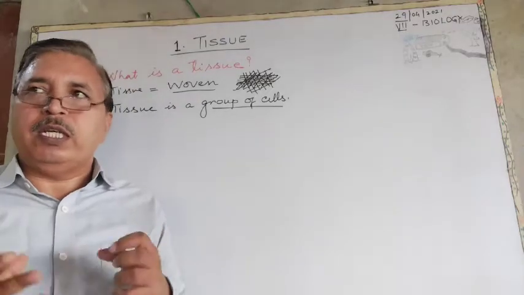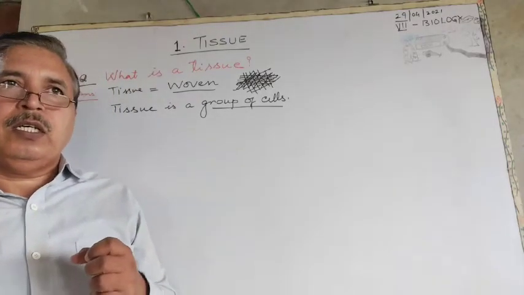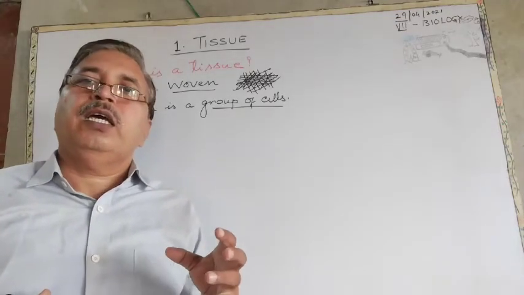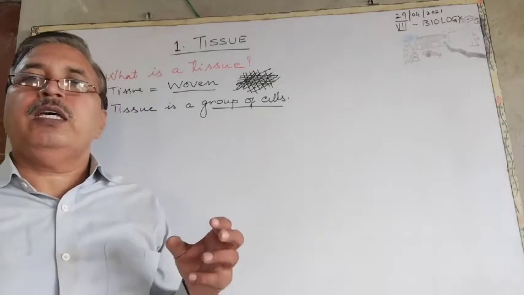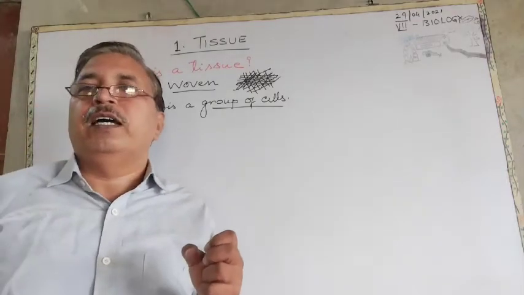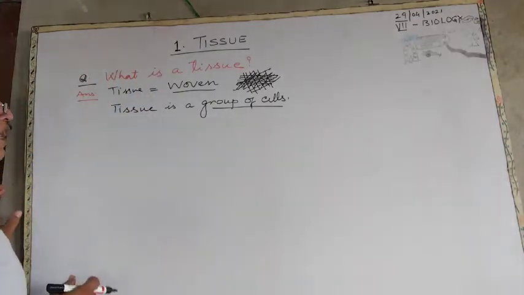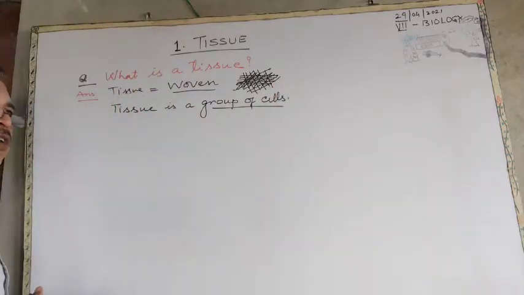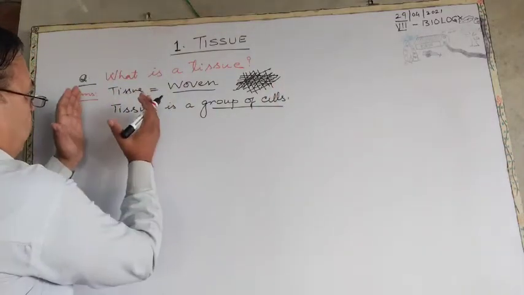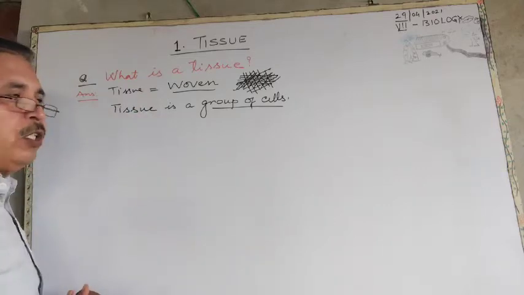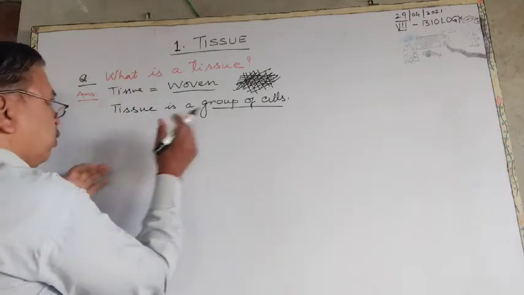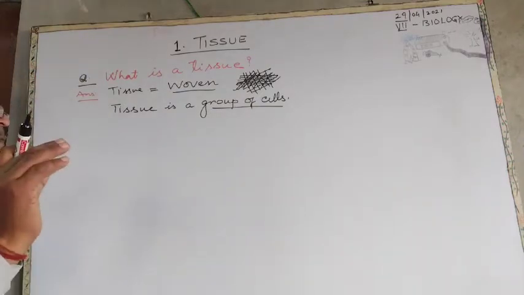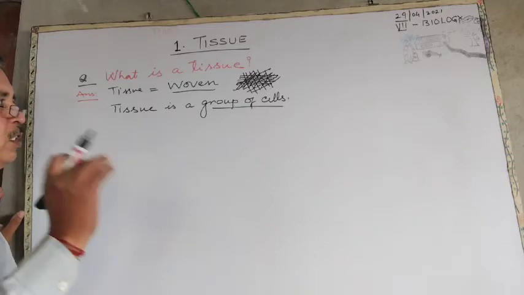You don't go to the banana seller and say, give me 12 bananas. You say, give me a dozen bananas, right? Similarly, when you have to call a group of cells in the language of biology, we call them tissue, right?